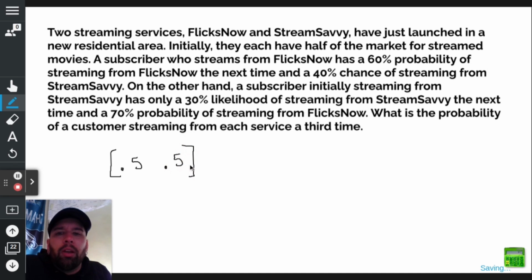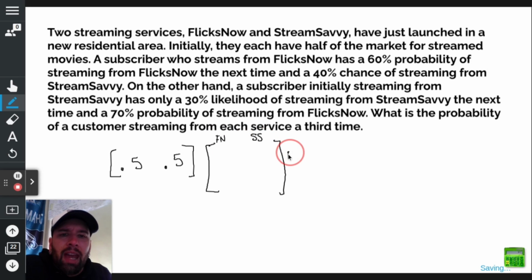Now the transition matrix is going to look like this, and I'm going to label them a little bit better. What do we have? FlixNow, so FN, and then StreamSavvy, and then FlixNow, and then StreamSavvy.